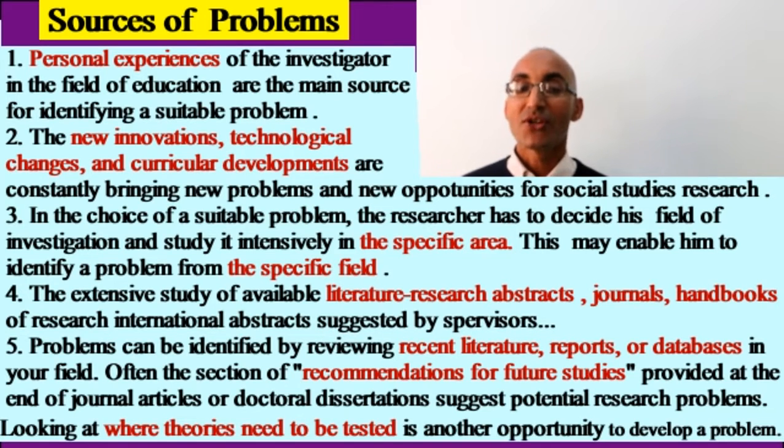Also, another source, which is the field of investigation itself. It means the researcher should decide his field of investigation to determine the specific area of his study and the problem within it. It means when you determine your scope of investigation, this will facilitate the process of finding a problem within that particular and special scope you are limiting yourself to.